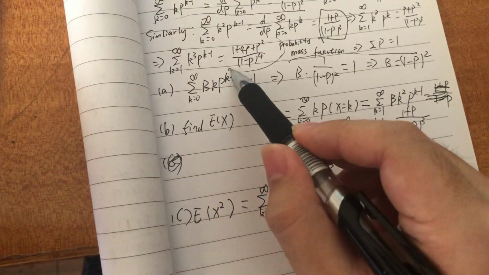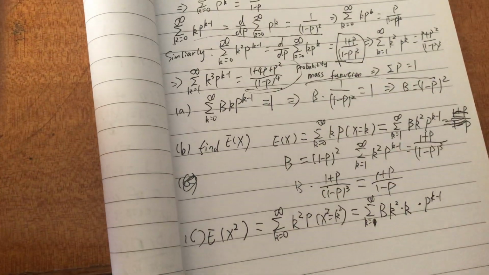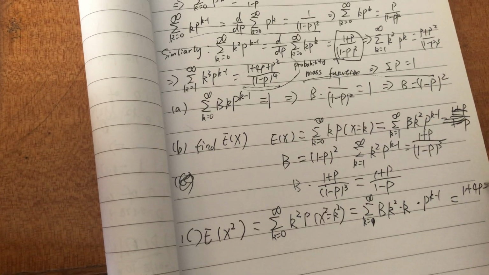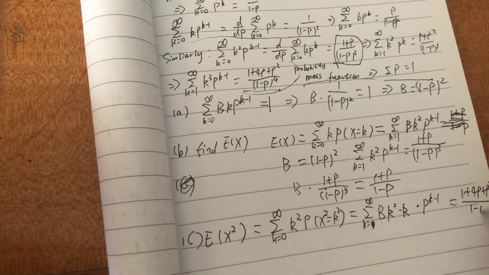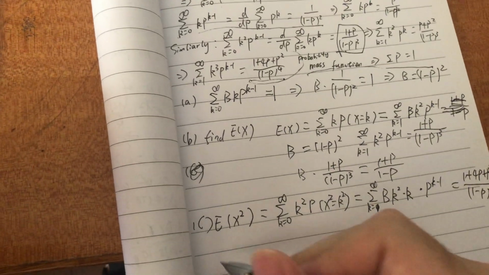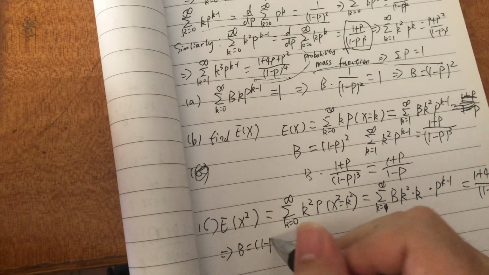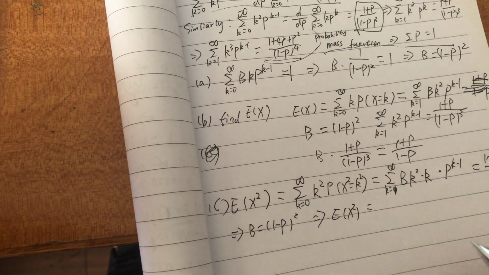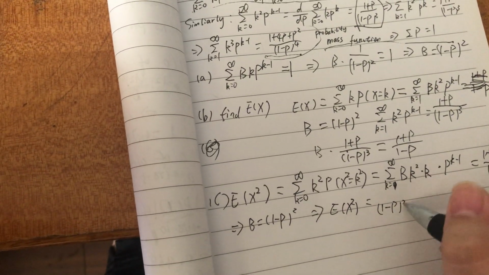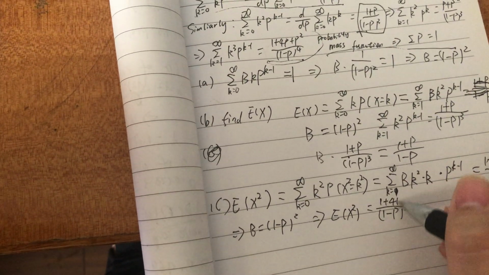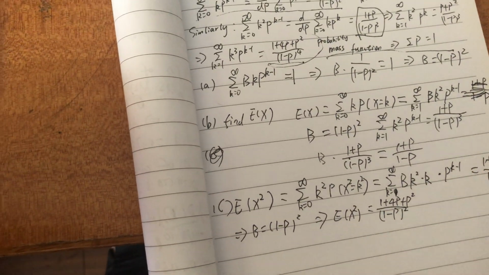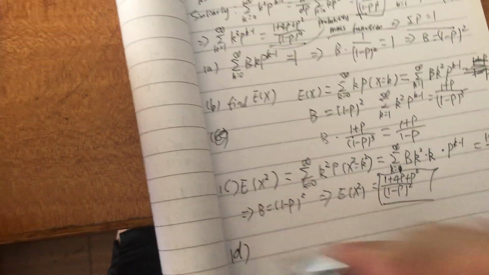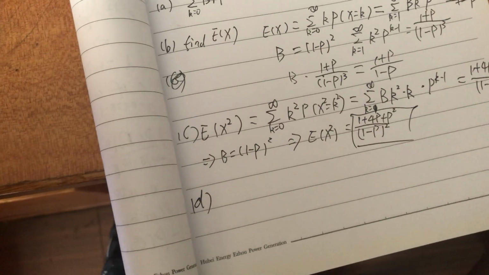We can use this function, and we got 1 plus 4p plus p squared over (1 minus p) to the fourth, and also b equal to (1 minus p) squared, and plug in: the expectation of X squared equals (1 minus p) squared times (1 plus 4p plus p squared). So this one is the answer for this question, and we have the D.